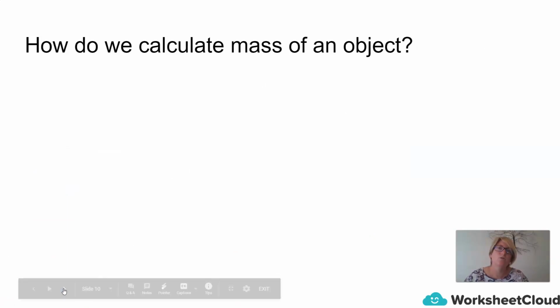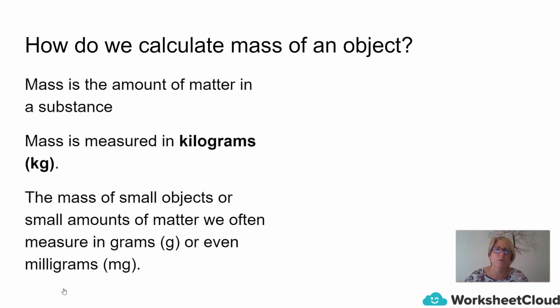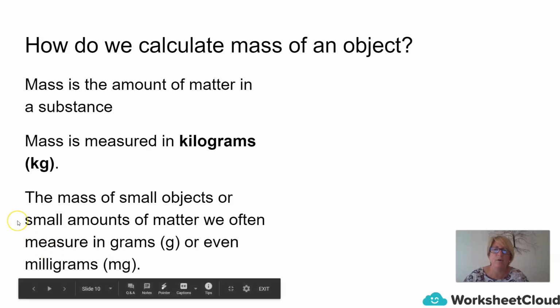So in a school laboratory, how do we calculate the mass of an object? Mass is the amount of matter in a substance, and the SI unit for mass is kilograms, which we abbreviate to kg, lowercase k and lowercase g.